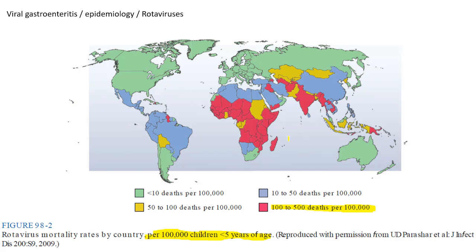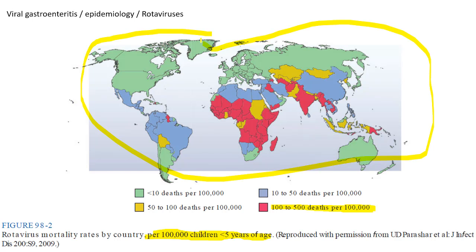So all around the world, the incidence should be similar. Everyone is infected with rotavirus. But you can see in sub-Saharan Africa and some areas in Asia, there is a much higher mortality rate, from less than 10 deaths to 100 to 500 deaths. And that is, as we said, due to poor access to hydration therapy.